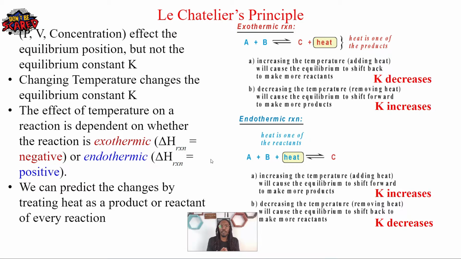Heat for endothermic reactions is a reactant, so just treat it like a reactant. If you add a reactant, it's going to shift a certain way. If you take away your reactant, it's going to shift a certain way. Okay. So this is our Le Chatelier's principle, and you want to make sure you understand which direction it will go when you add these different stresses to your reaction.